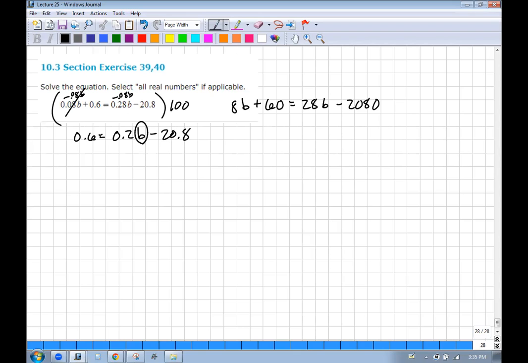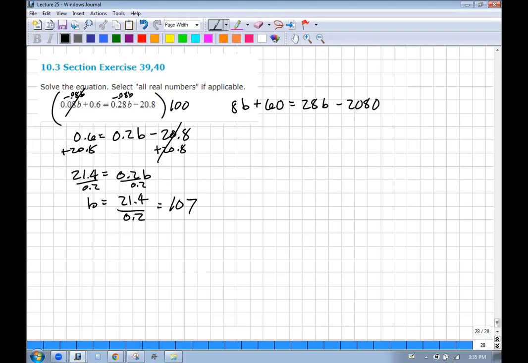We want to get the b by itself, so we can add 20.8 to both sides, but that goes away. 20.8 and 0.6 is what, 21.4. So the b is 21.4 divided by 0.2. Then you use your calculator. Be like 21.4 divided by 0.2, and you get 107, right?